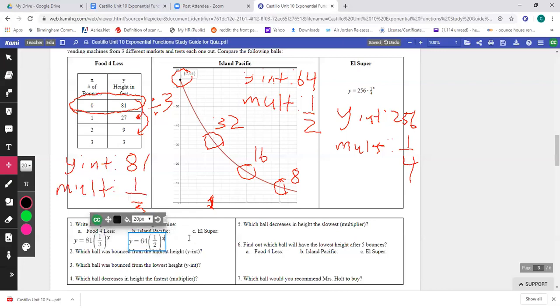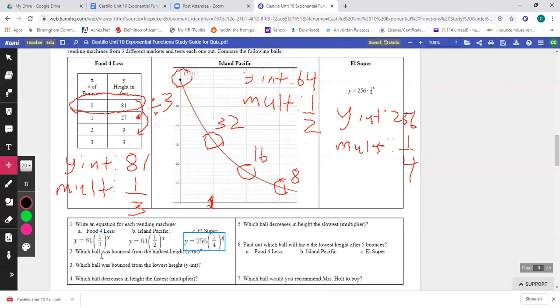Okay. And then this is going to be y is equal to 256 times 1/4 to the x. Okay. So those are your equations.